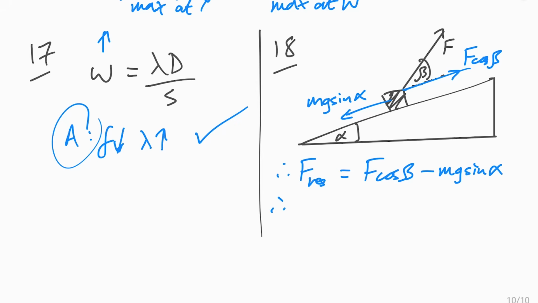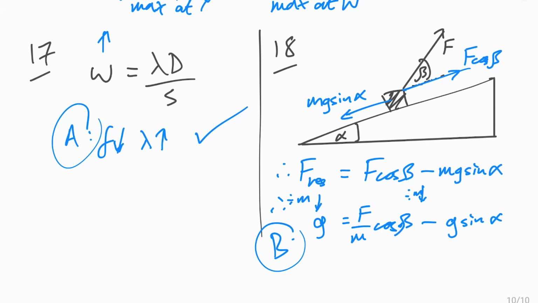And so therefore, if F is equal to ma, then we can just divide by m for the whole thing. So this just ends up being g sin alpha like we said just now, but then this ends up being F over m cos beta. So it looks like our answer is going to be B. It's going to be B. 19, weight of a uniform bar.